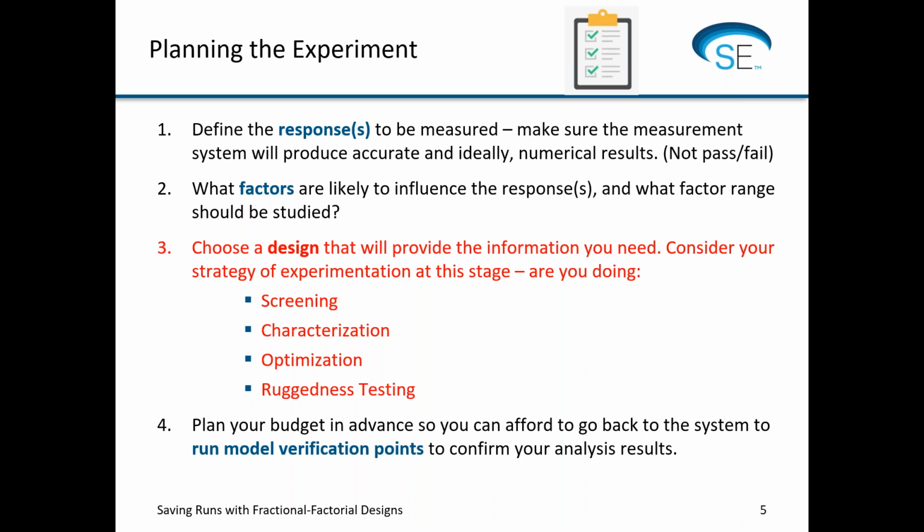I also want to point out that choosing the design depends on your budget. So make sure that you plan your budget in advance so that you can afford to go back to the system to run model verification points to confirm your analysis results. This is absolutely the key last step of experimentation: to actually verify the results of the designed experiment.